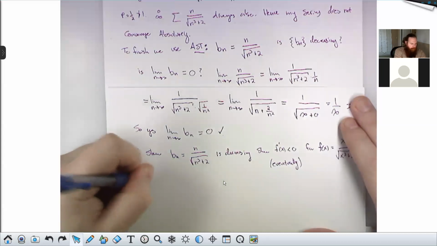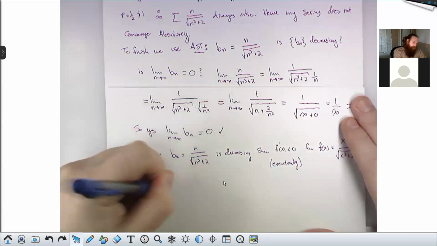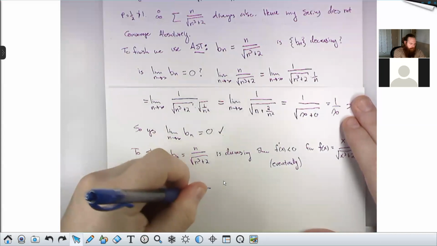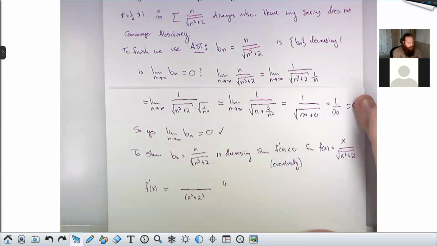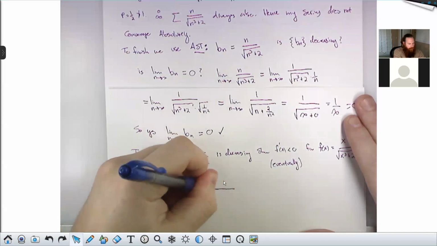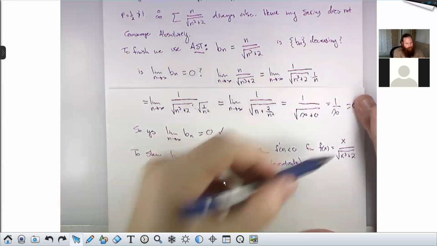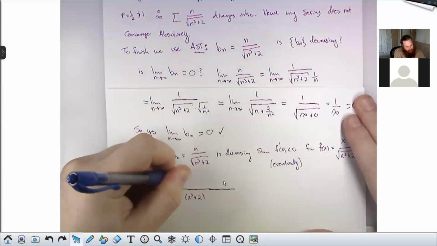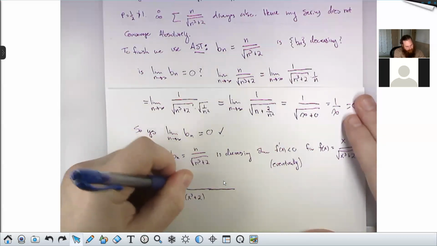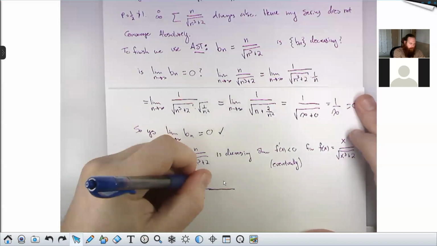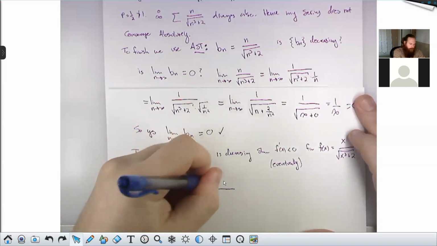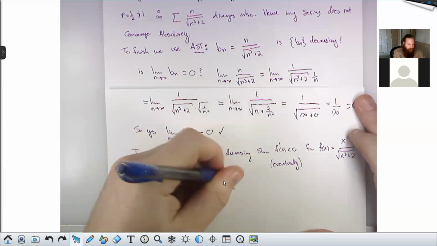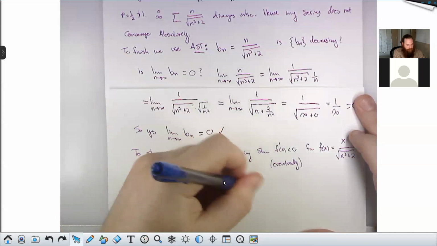F primed here is a bit of a nightmare. The downstairs is just going to be x cubed plus 2 because I squared the denominator in my quotient rule. The upstairs is going to be the bottom times the derivative of the top, which is just the bottom, minus the top times the derivative of the bottom, which looks like that.